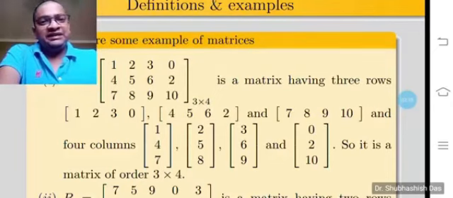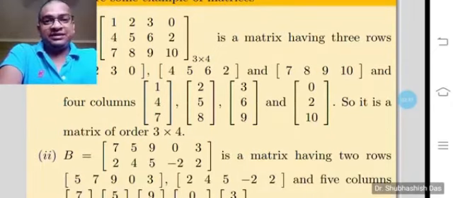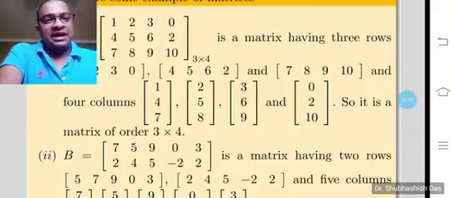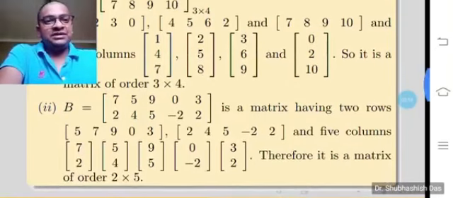So it is a matrix of order 3 by 4. For the second matrix, it is clear that there are 2 rows and 5 columns. Therefore, it is a matrix of order 2 by 5.